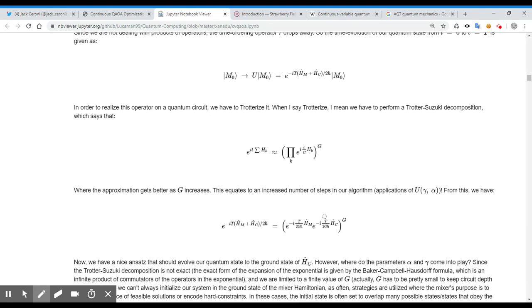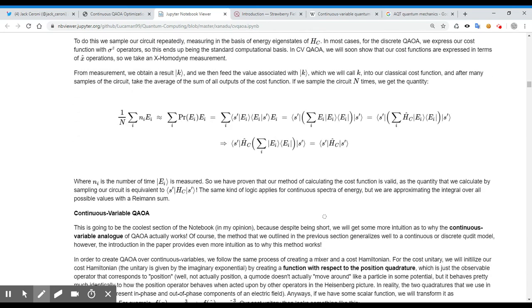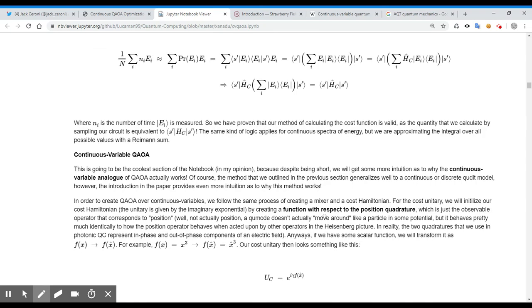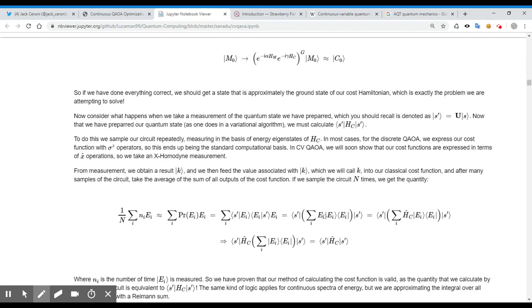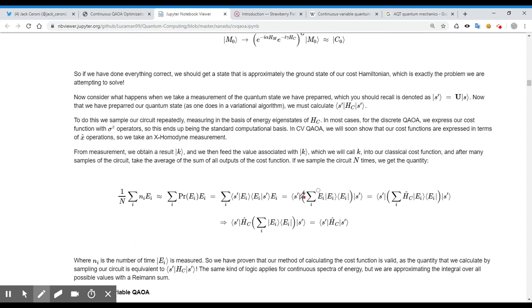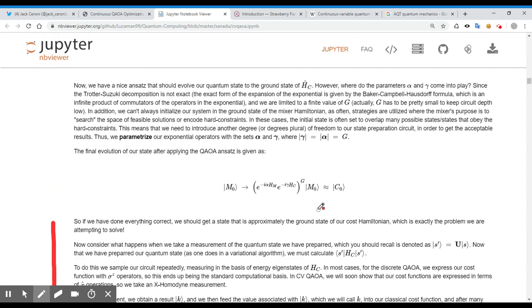And then that basically leads you somehow to that. So I think Jack is here just proving that the sampling works, that the expectation value, the average, gives you the right approximation.